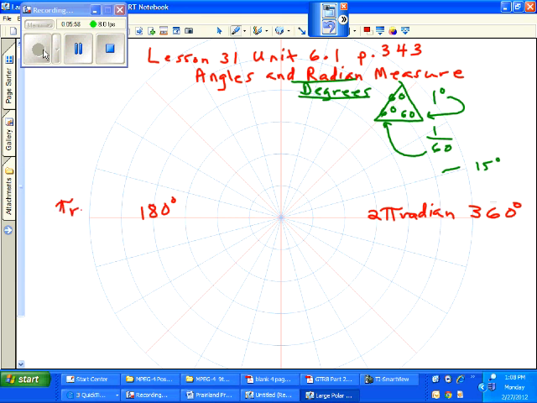Half of that, which would be pi radians. Well, how many radians would be 90 degrees then? Half of that. How many radians would be 45 degrees? Half of that.